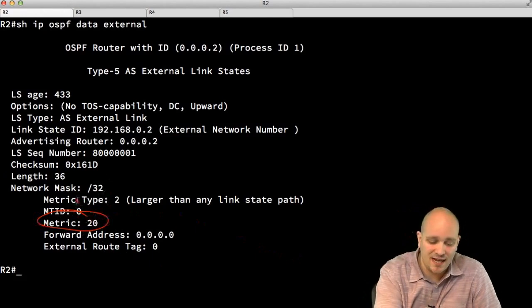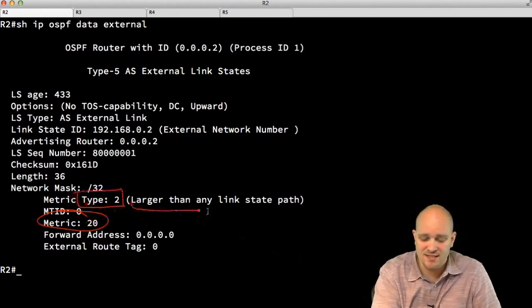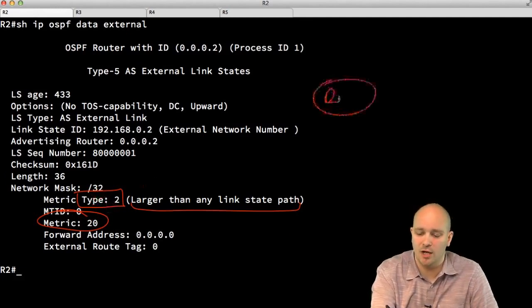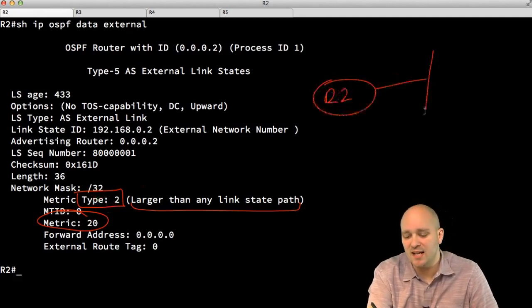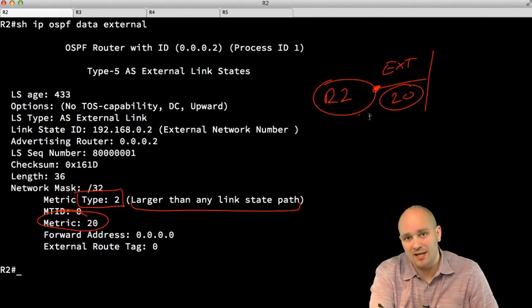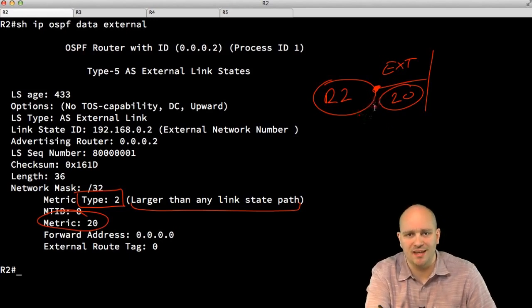Now, this is type 2 metric, and it says this is larger than any link state path. What type 2 metric says here, and we are going to look at R2 now, is there is an external cost to reach this prefix. By default, it will be 20. With type 2 metric, this is the only, or actually the most important thing that matters.